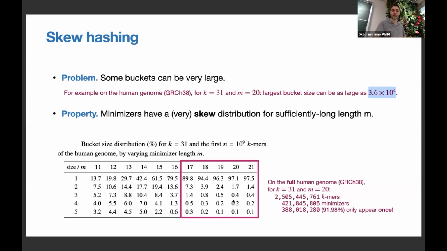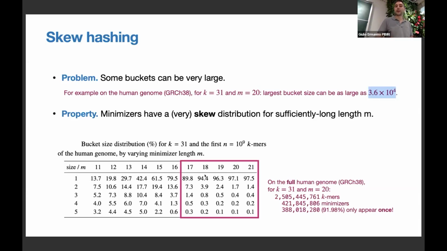So 97% of all the minimizers appear just once, for a reasonably long m.